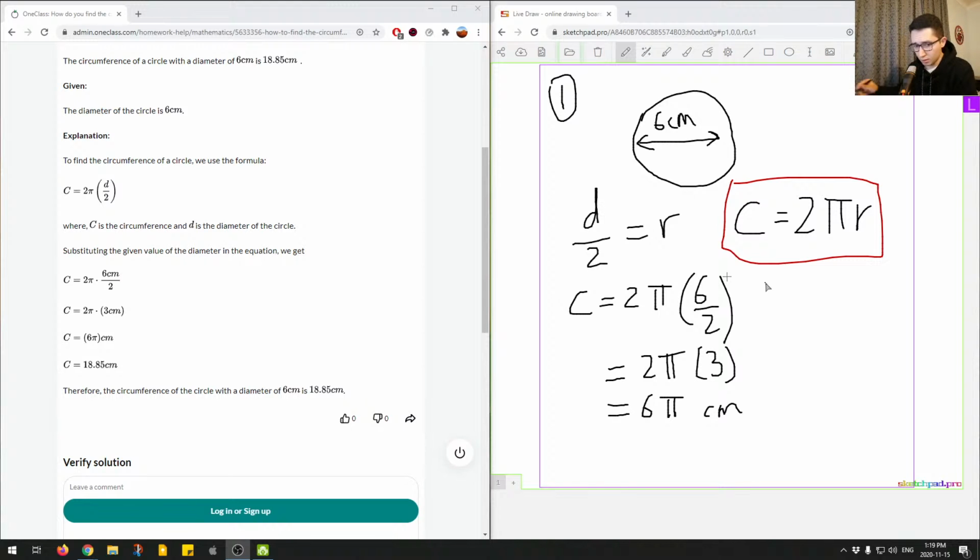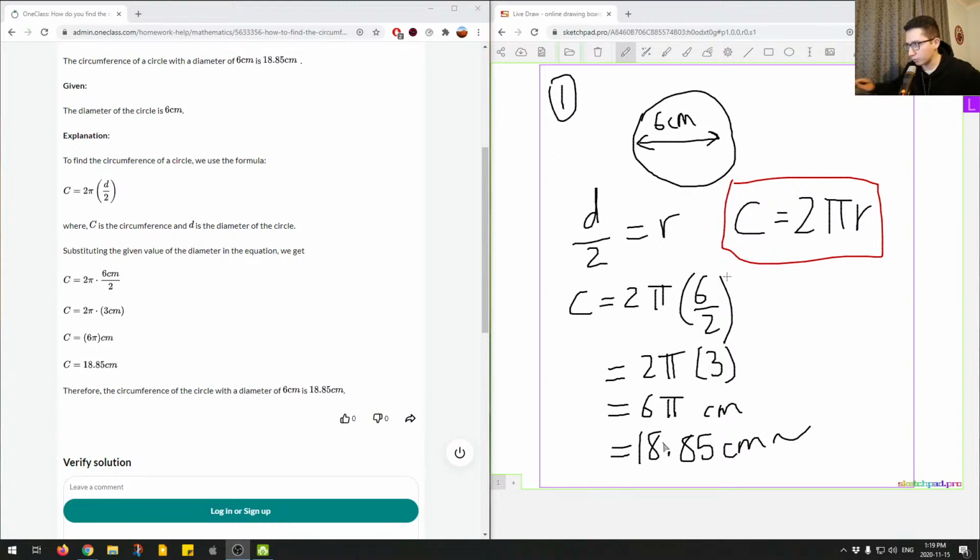centimeters. So we can use our calculator to get the exact answer, or we can multiply by 3.14. So we can do 6 times 3.14 for pi, or we can just type in pi into our calculator and multiply by 6, and we'll end up with 18.85 centimeters approximately.